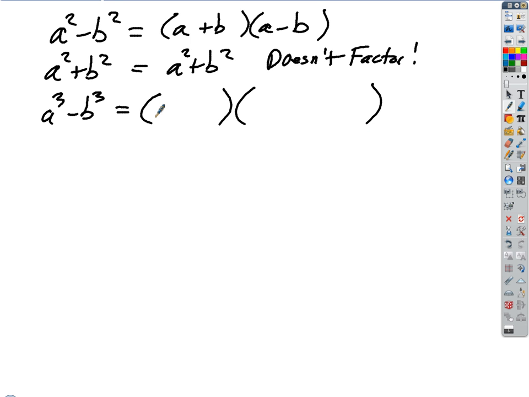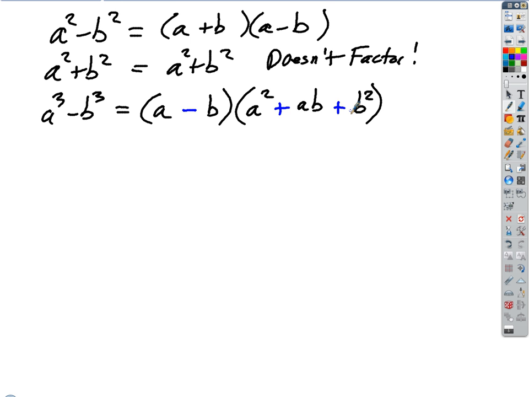I get A, B, A squared. Okay, now let's just put in the signs. It's whatever is there, right? So if that's a minus, that's a minus. Plus. And then remember the last one is always plus, because any number squared is always positive, right?